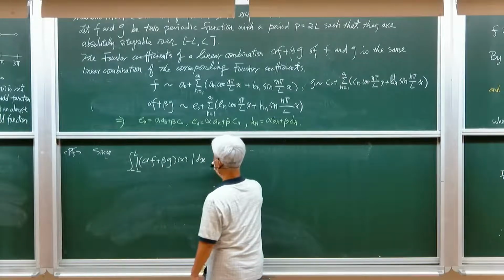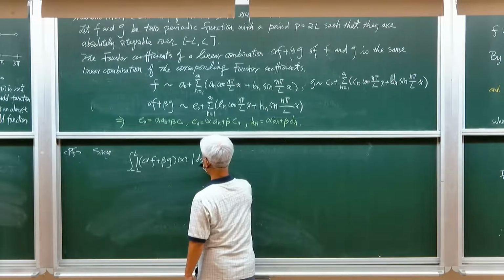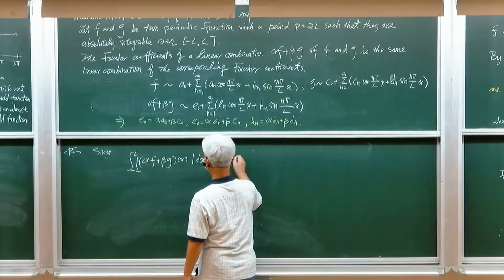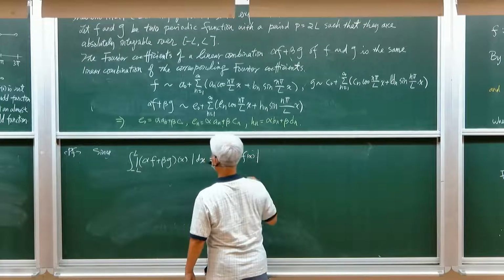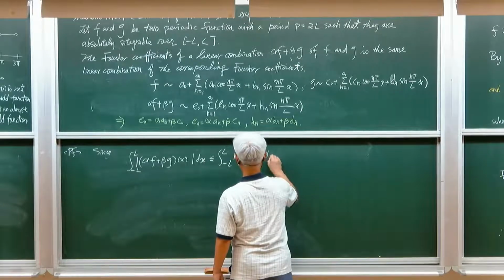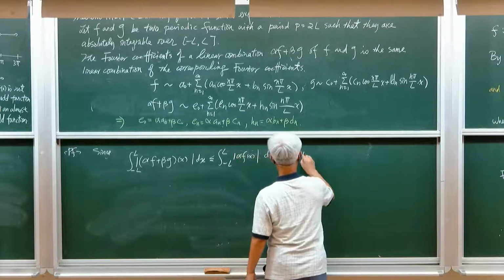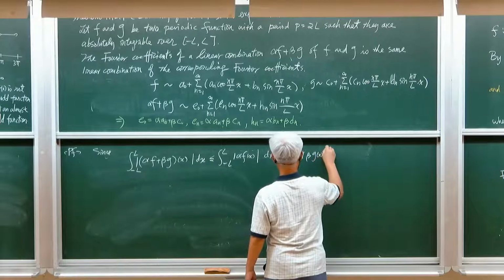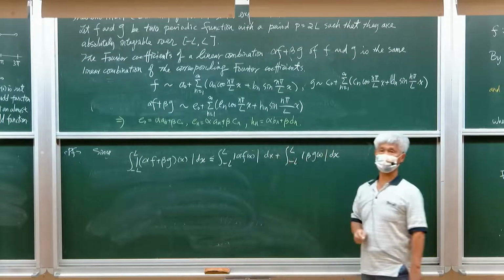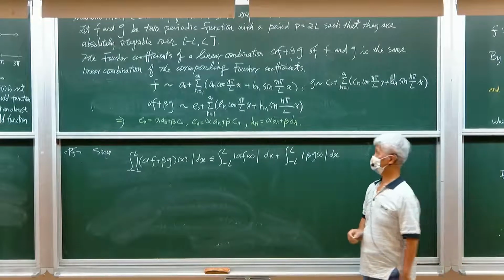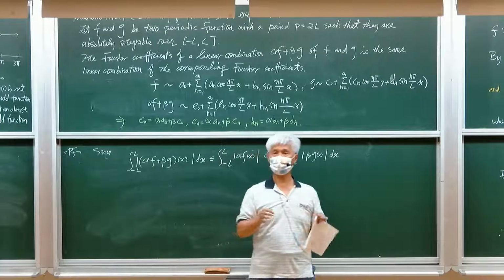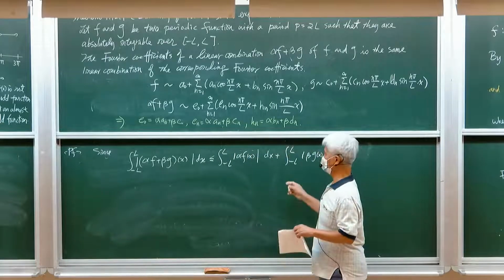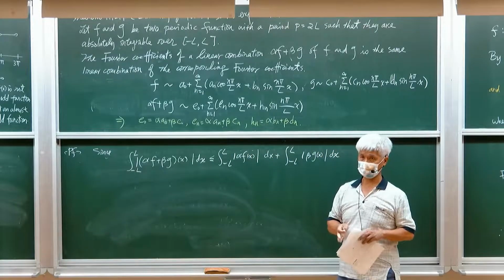By the triangular inequality, we know this is less than or equal to the sum, because the absolute value of the sum of two numbers is less than or equal to the sum of the absolute values of the individual numbers.